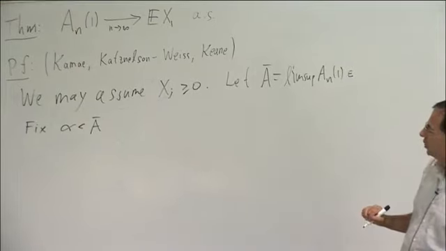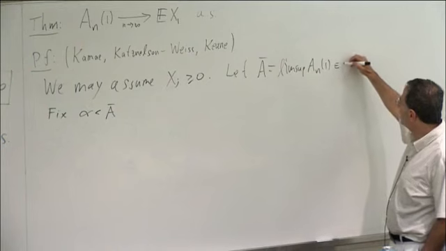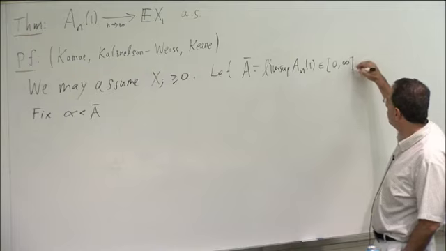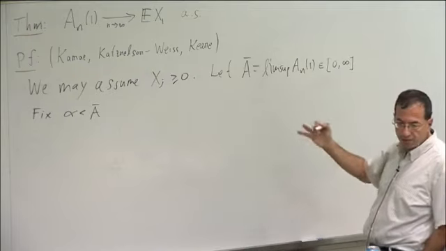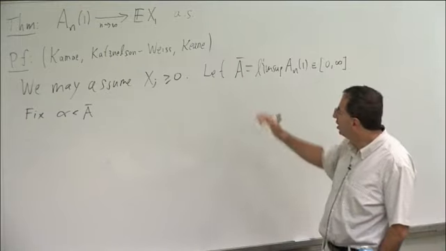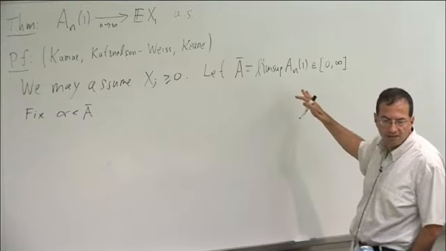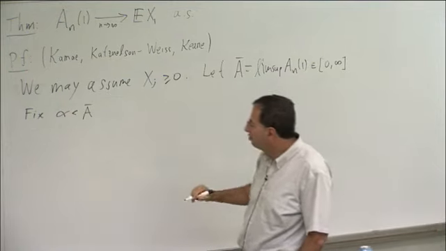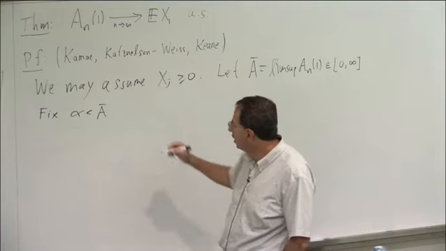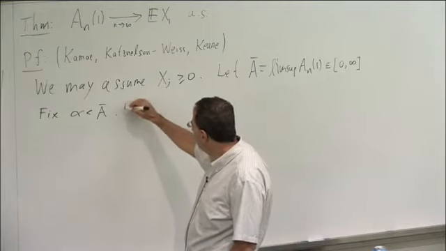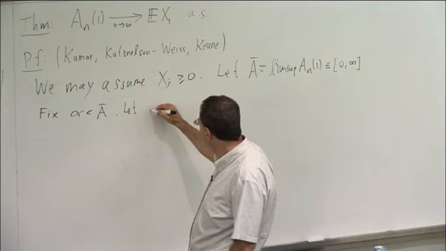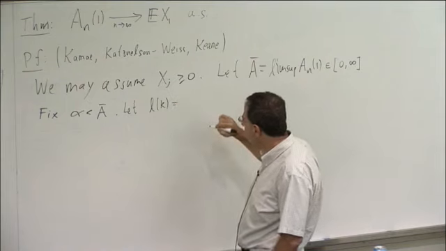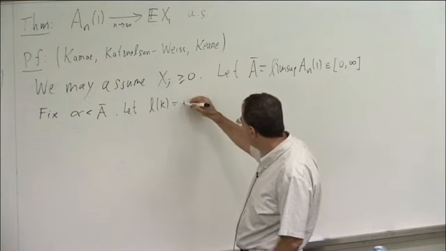We look at this lim sup, which a priori we don't know is finite. So we know it's in [0, infinity]. It might at this stage be infinite, but we'll prove it's finite. If we were talking about the lim inf, it would be immediate that it's finite from Fatou's lemma, but we're talking about the lim sup, so there's something still to prove. So fix alpha, which is less than the lim sup, and let L(k) be random variables: the first time that the averages exceed alpha.